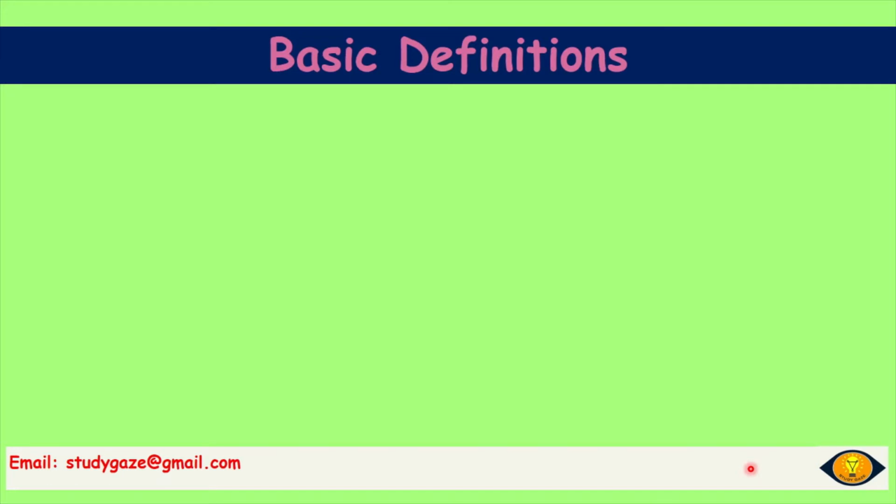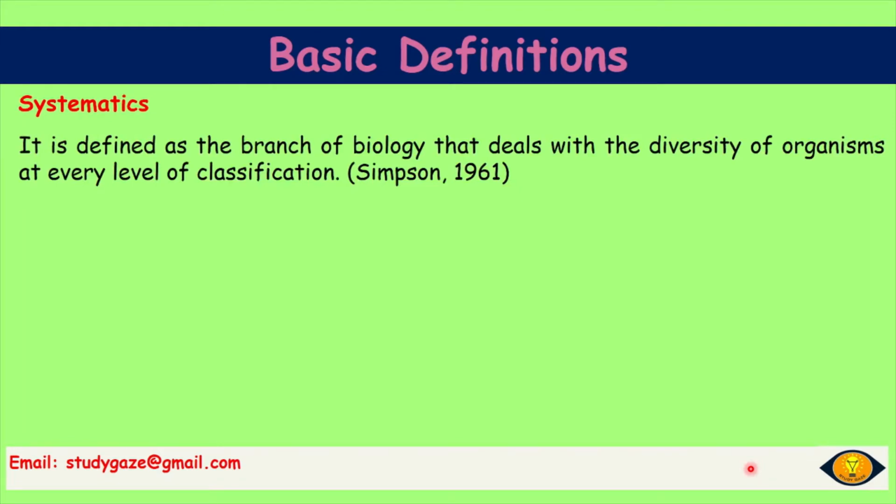Let's learn some basic definitions. Systematics. It is defined as the branch of biology that deals with the diversity of organisms at every level of classification. It was defined in the year 1961 by Simpson. Classification.